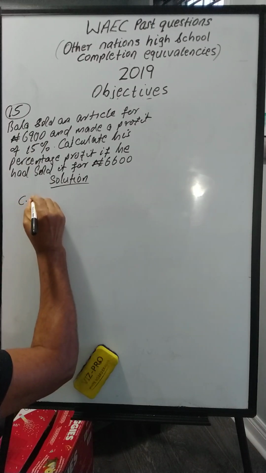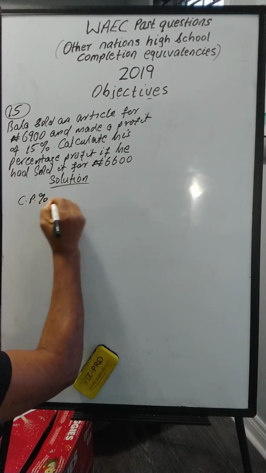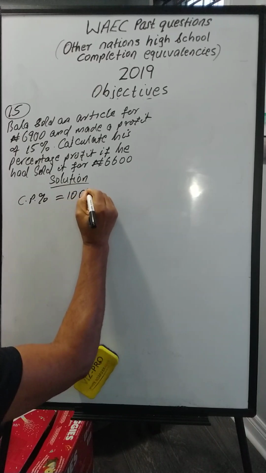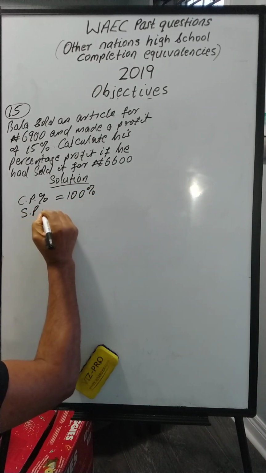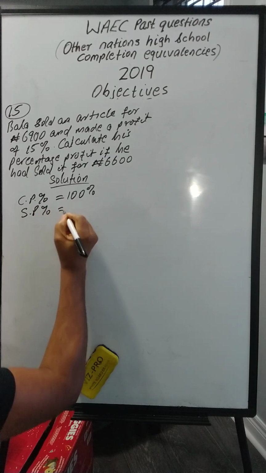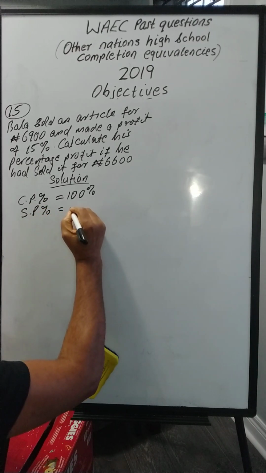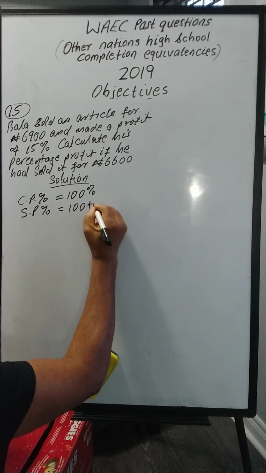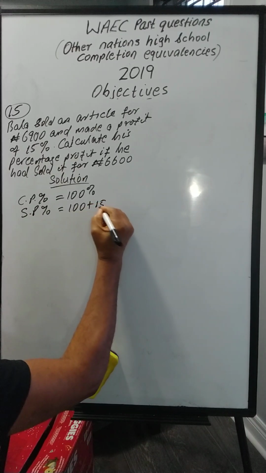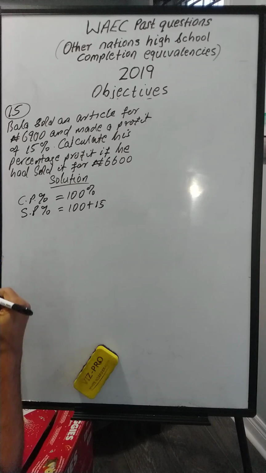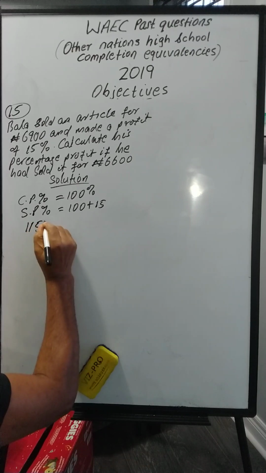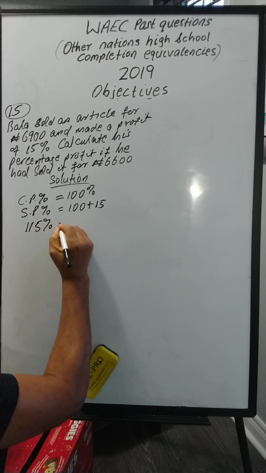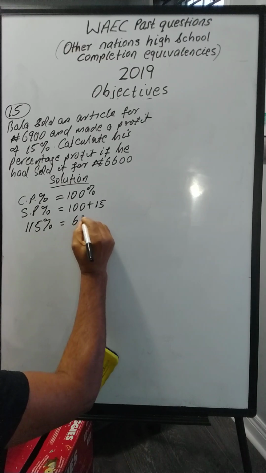Ordinary cost price percent is 100%, and the selling price percent of Bala will now be 100 plus 15, therefore 115%, that's what yielded 6,900 naira.